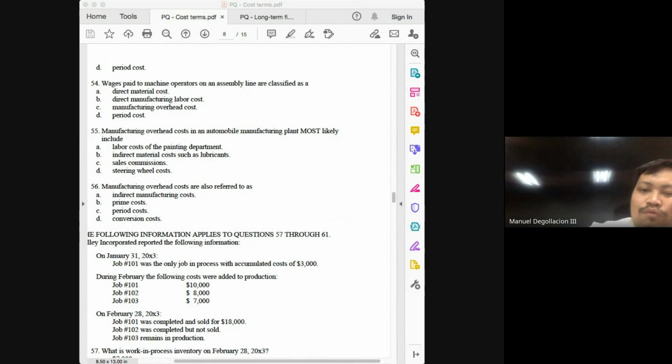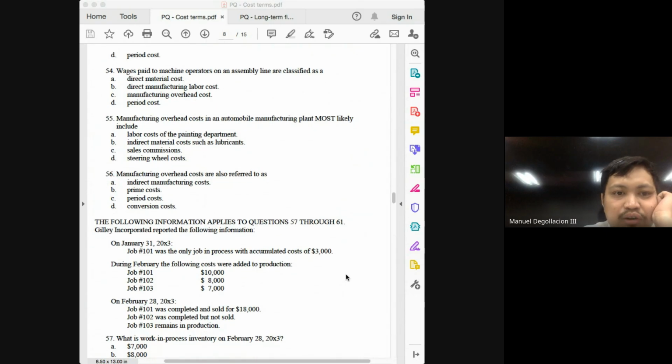Indirect materials, of course, will not be part of your direct material cost, but will fall under overhead. Indirect materials and indirect labor will go to your overhead. Sales commission, no. Sales commission is already post-production, class, so definitely not part of your manufacturing cost. Steering wheel cost, which is a component of your product, will be part of your direct materials. So the answer here would be letter B.